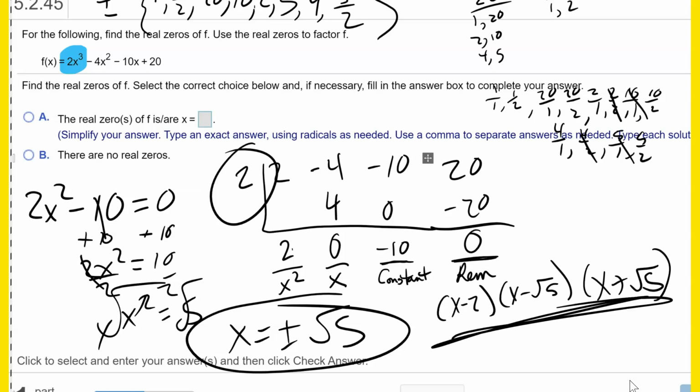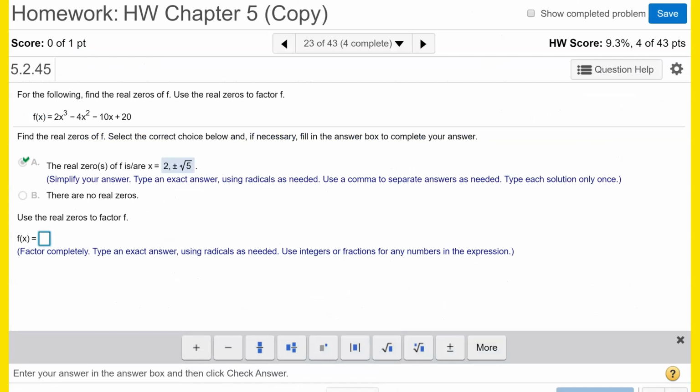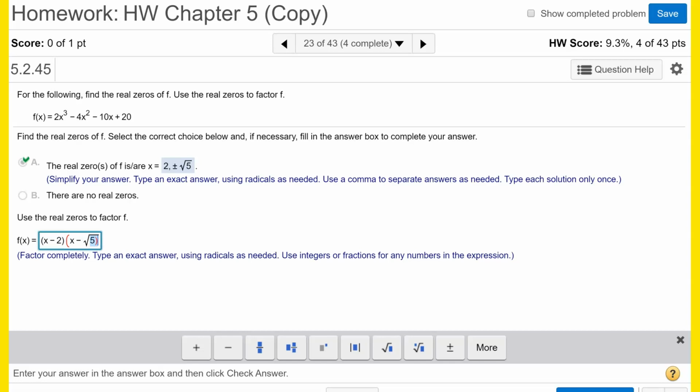So there's my factoring. Let me go over here and type that in: x minus 2, x minus square root 5, and x plus square root 5.